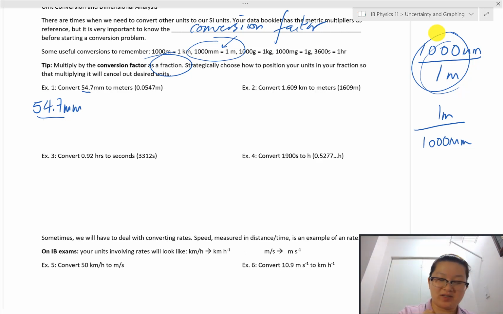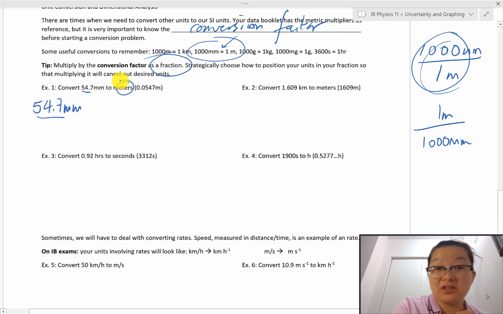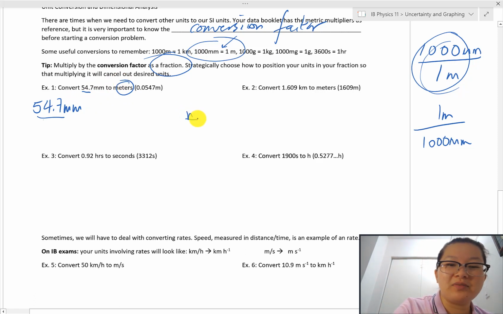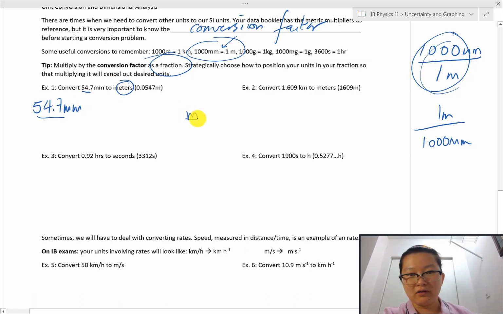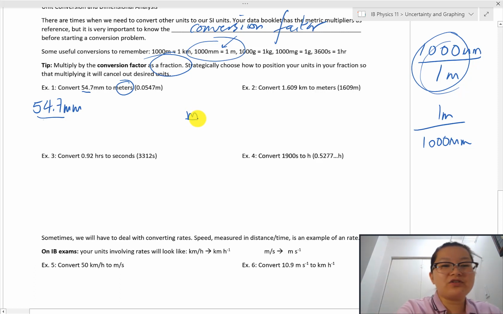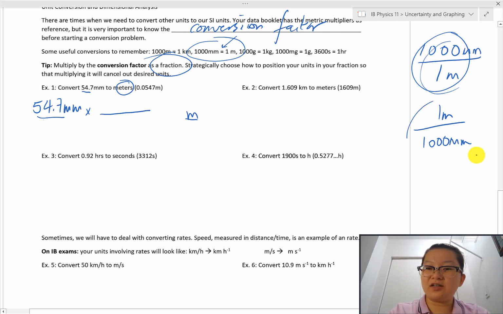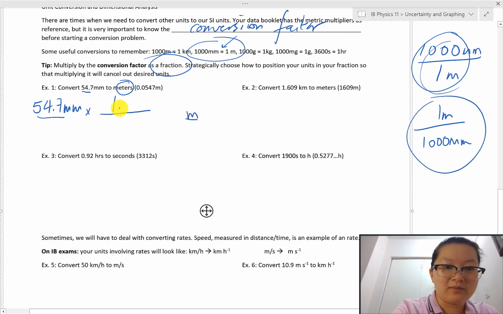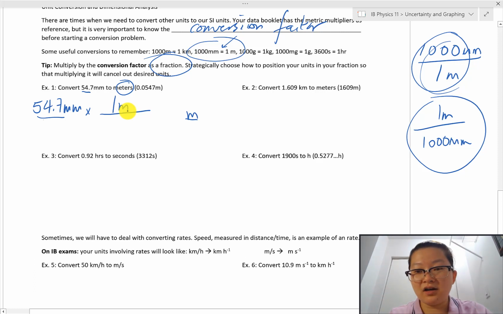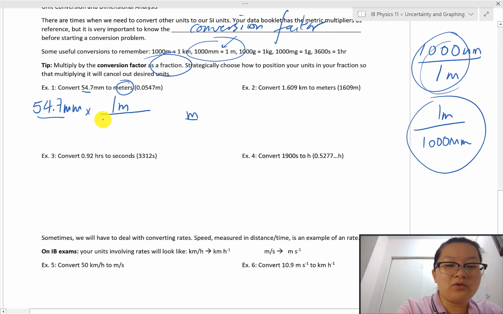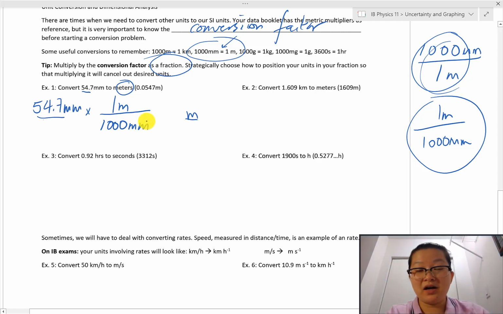But for our purposes, we want to convert this number to meters, meaning we want our final answer to have meters on top. So our conversion factor has to have meters on top of the fraction. So I'm actually going to use this one over here because that gives me 1 meter on top. And here's the cool thing: I need to put the 1,000 millimeters on the bottom.